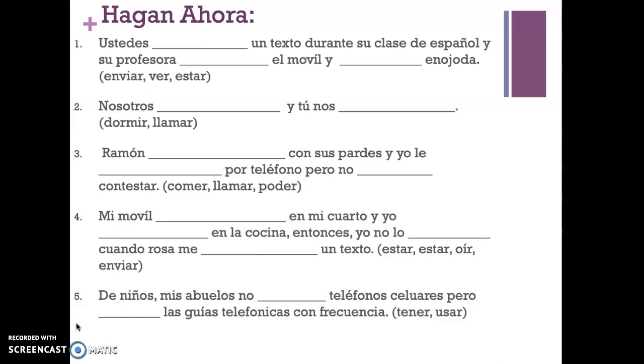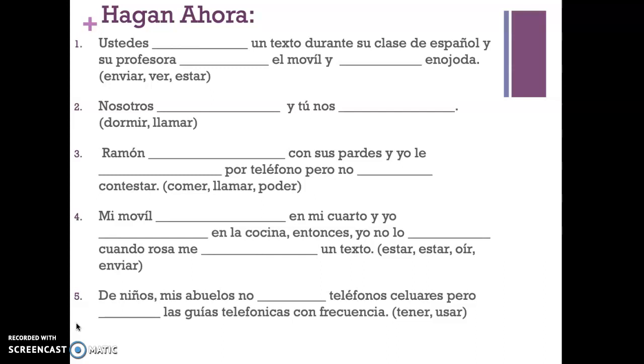Ustedes enviar un texto durante su clase de español y su profesora ver el móvil y estar enojada. So, very first part of that sentence, we're looking at an imperfect conjugation. The reason for that says you all were texting or sending a text during class.